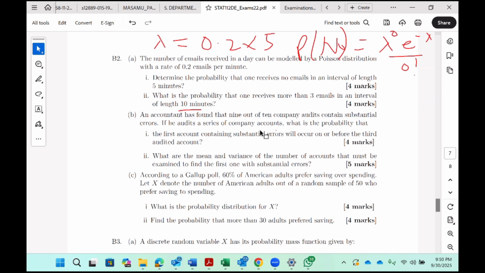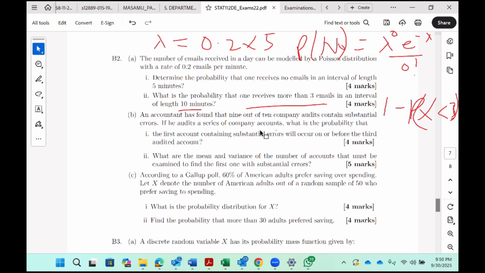So it should now be 1 minus the probability that X, the emails, is less than 3, because calculating the probability from 0, 1, 2 is easier than calculating from 3 to infinity. So you calculate the probability at 0, the probability at 1, probability at 2, and subtract it from 1. That will give us our second question.